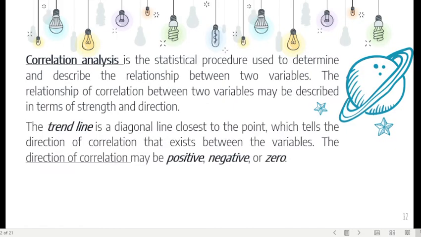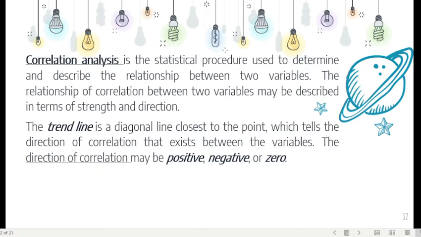So we use the scatter plot in correlation analysis. What do you mean by correlation analysis? It is the statistical procedure used to determine and describe the relationship. Everybody repeat the word relationship between two variables.